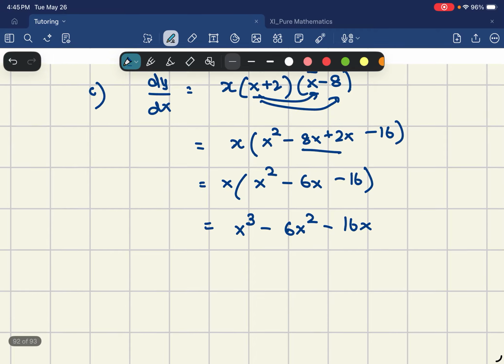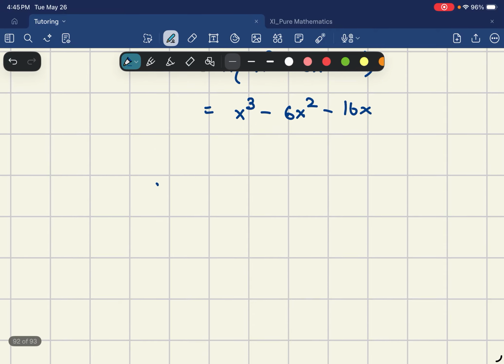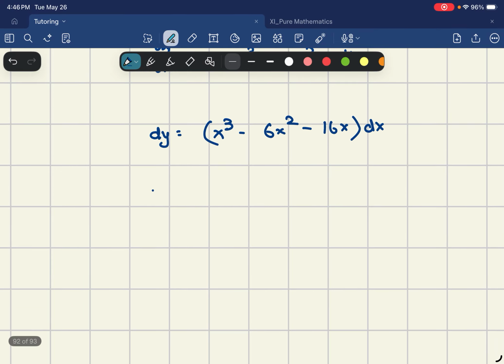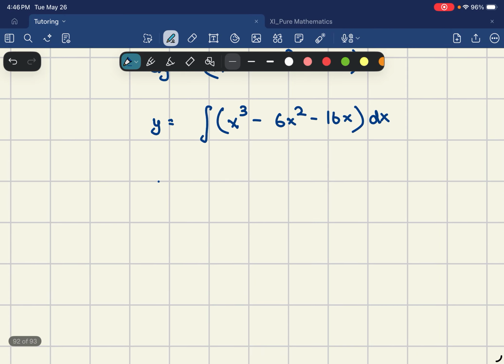So now I know what dy by dx is. So now dy is going to be x cubed minus 6x squared minus 16x times dx, right? And therefore y is going to be the integral of x cubed minus 6x squared minus 16x dx. And now I can do this separately.